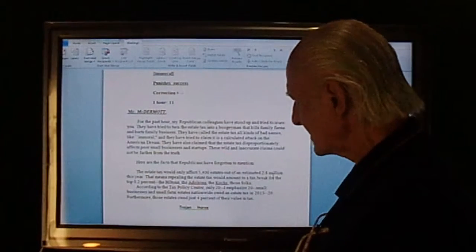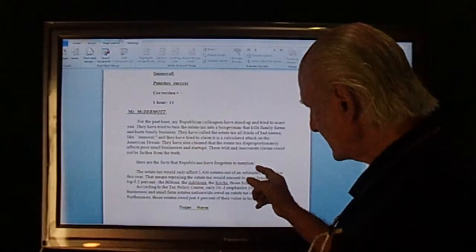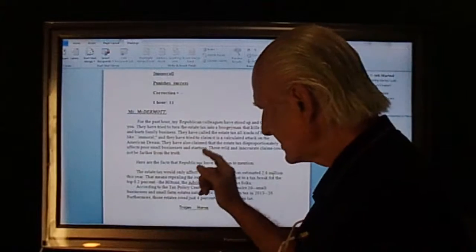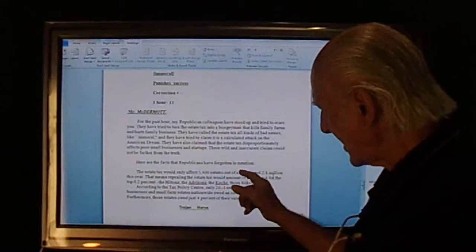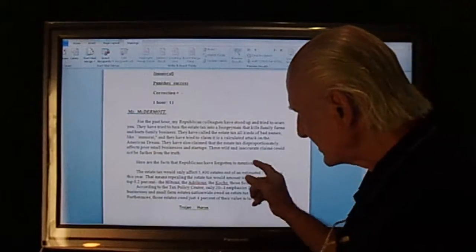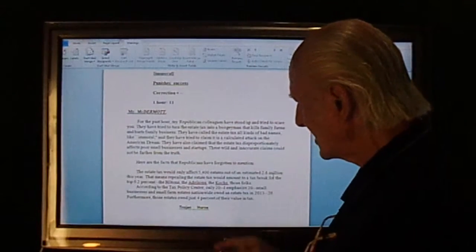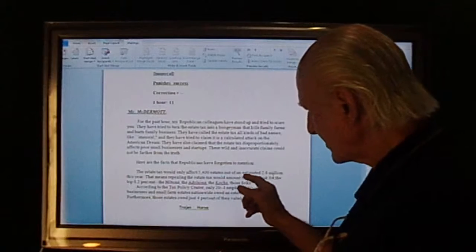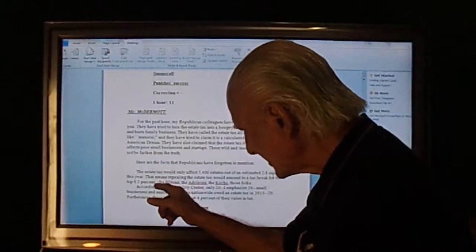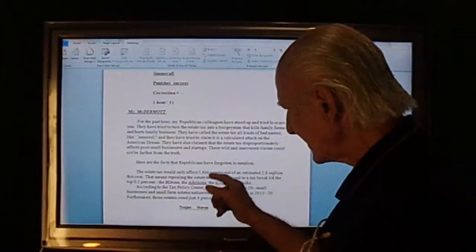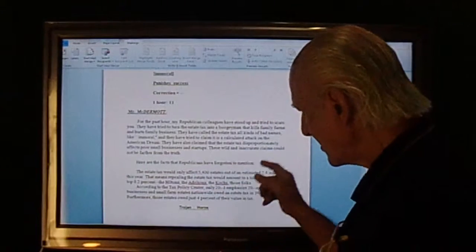Here are the facts that Republicans have forgotten to mention. The estate tax will only affect 5,400 estates out of an estimated 2.6 million this year. That means repealing the estate tax would amount to a tax break for the top 0.2%. The Hiltons, the Adelsons, the Koches, those folks.